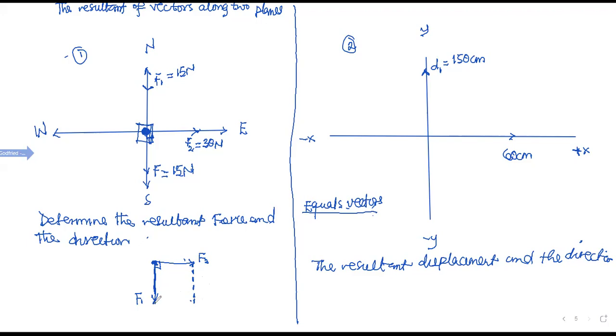And I need to make sure that what I'm doing has the same magnitude and the same direction. So if this is 15 Newton, this must also be 15 Newton. And the direction of F1 is due south. This must also have a direction due south.